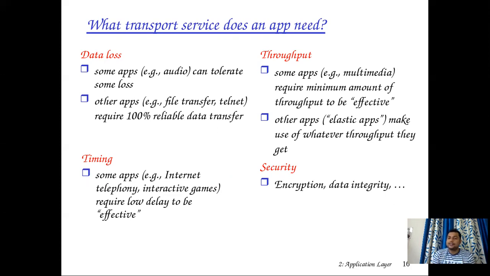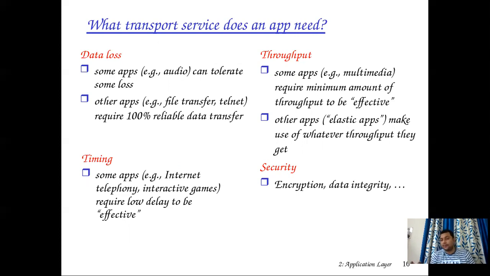Whenever they pass data on to the transport layer, the onus is on the transport layer to provide this service: whenever any communication happens from one application to another application running on different end systems, the transport layer will ensure to the upper application layer that there will be no data loss.